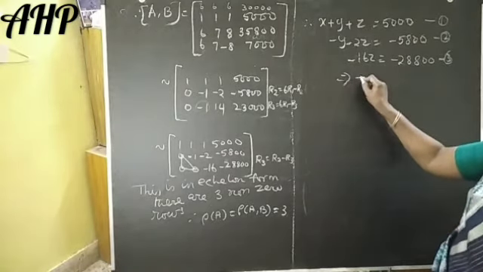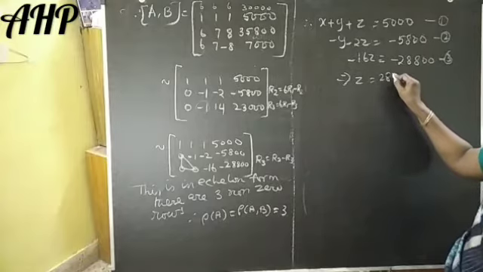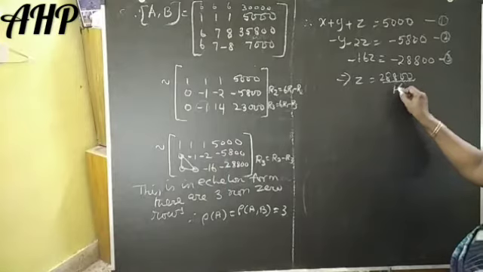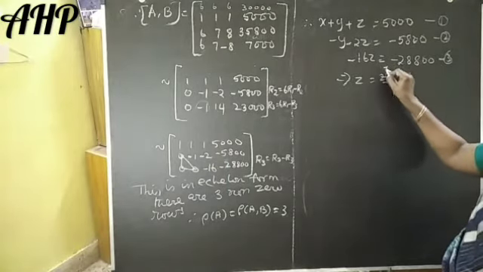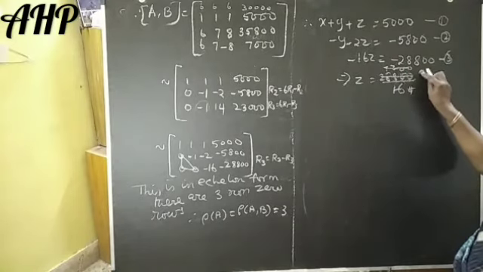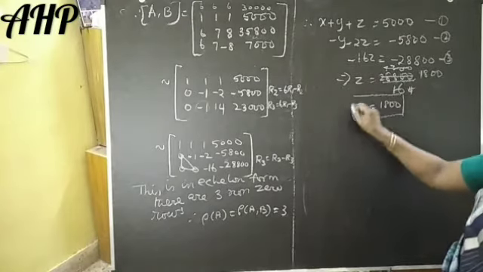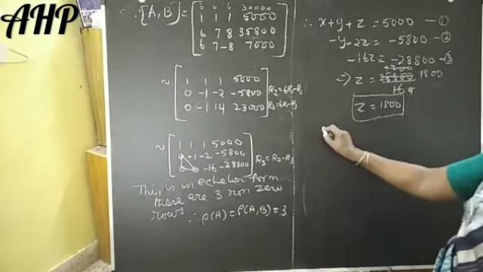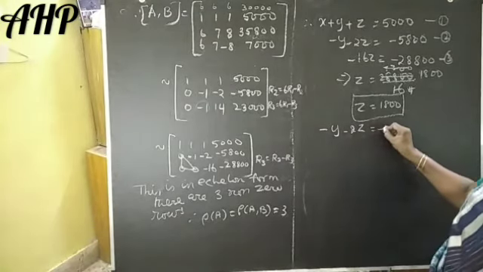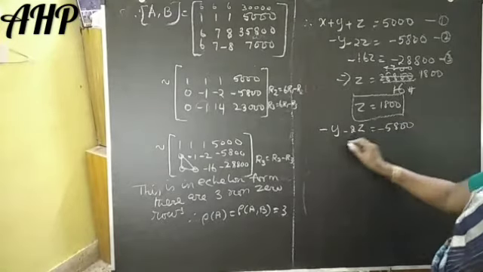Now from these three equations we are going to solve for x, y and z. So this gives you z is equal to 28,800 divided by 16, which is 1800. So z is equal to 1800. Substitute in the second equation, we get minus y minus 2z is equal to minus 5800.